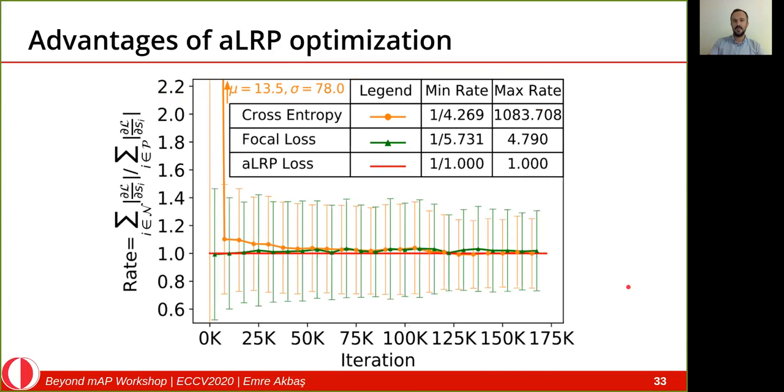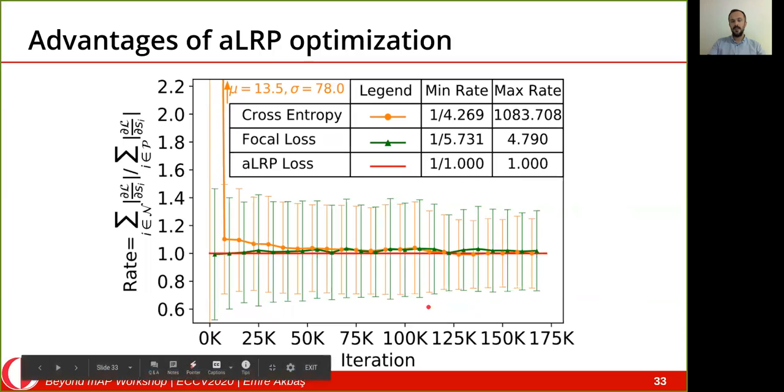Another advantage is that the training of ALRP loss is balanced in the sense that the total gradient magnitude with respect to the positive examples and the total gradient magnitude with respect to the negative examples are the same in ALRP. And this is a theoretical result, which we further show empirically here.